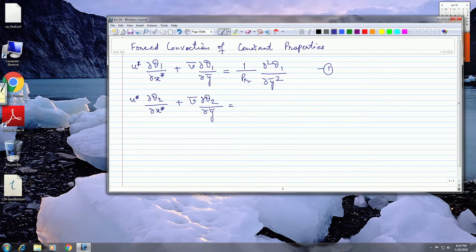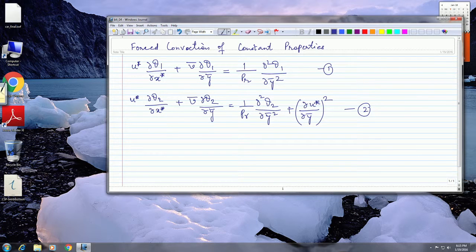It is equal to 1 by Prandtl number del u star by del y bar square, and let's call that 2.